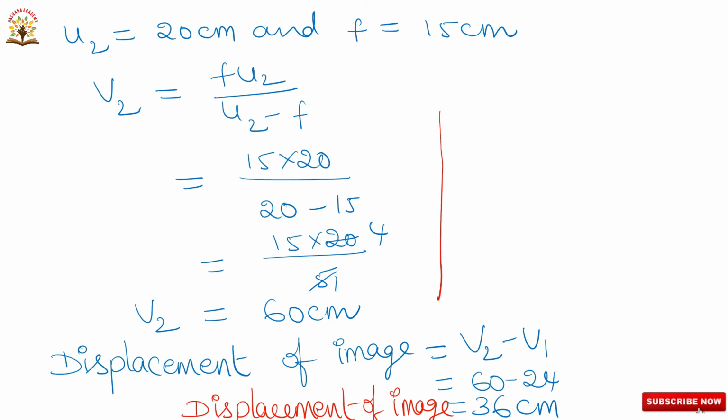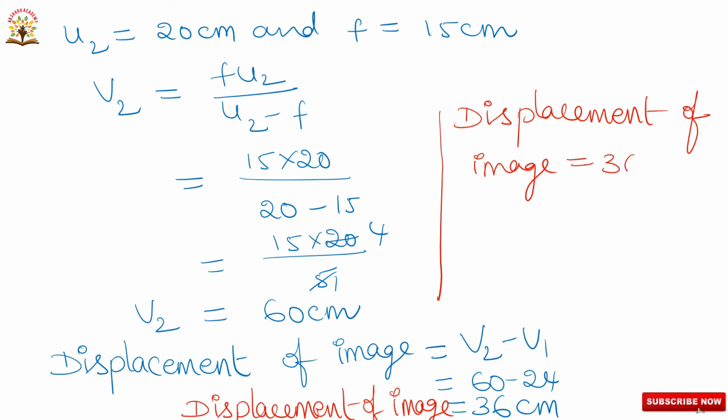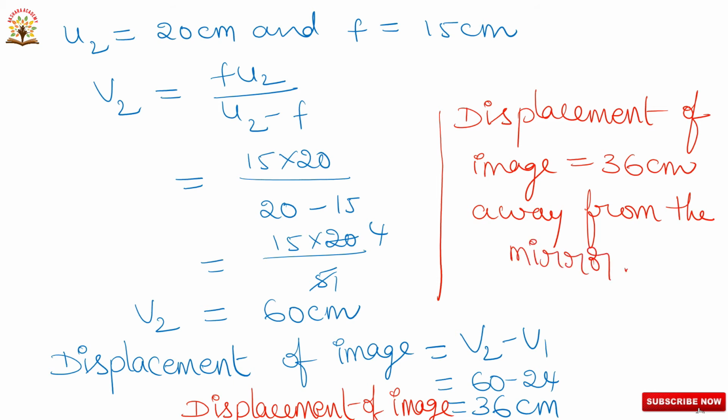Displacement of the image, therefore, displacement of image, that is equal to 36 centimeters away from the mirror. Okay, this is the final answer. Next we will go to the next question.